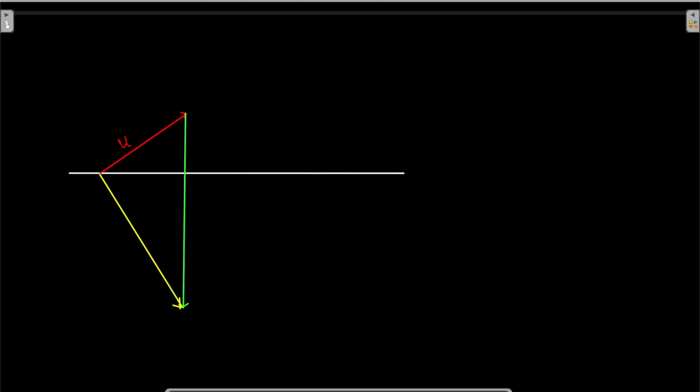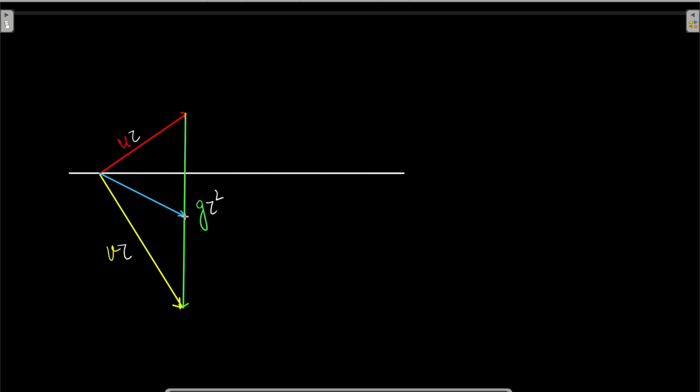This is u scaled by tau. This is g scaled by tau square. And this one is v scaled by tau. And this should be the final displacement vector, which should be h below the ground. I guess here it should be.